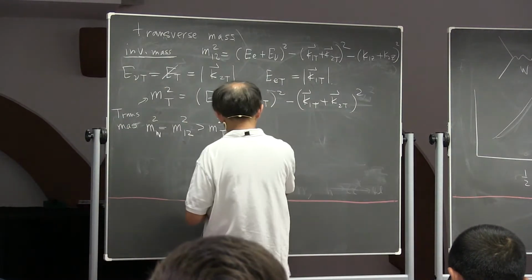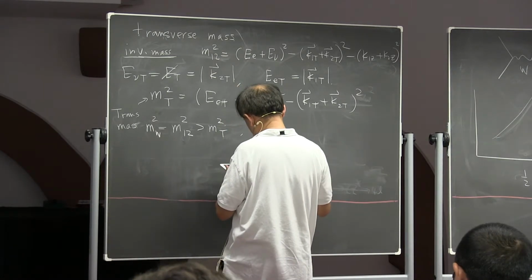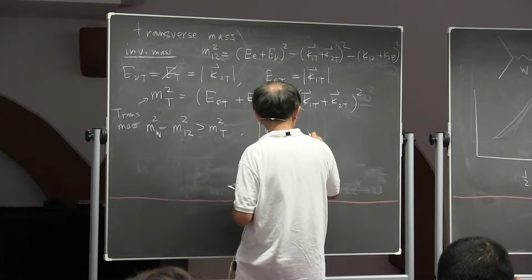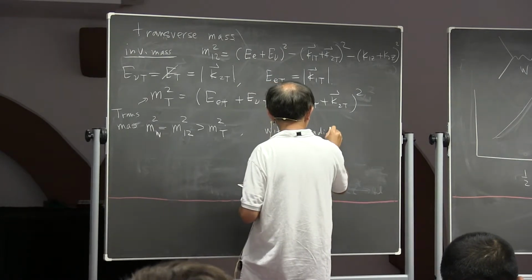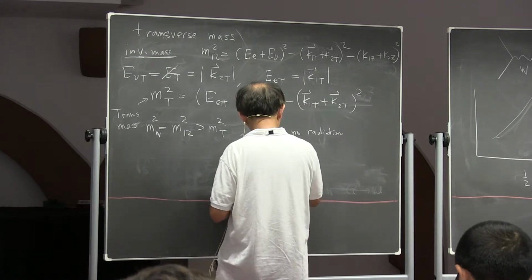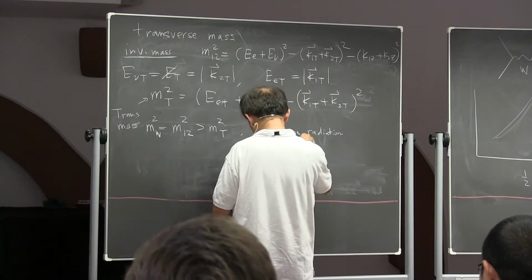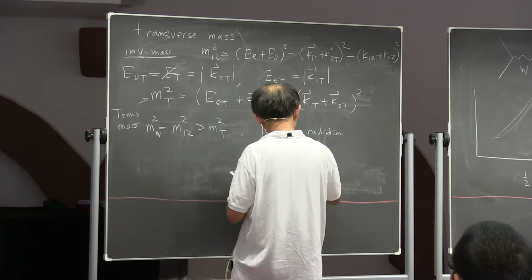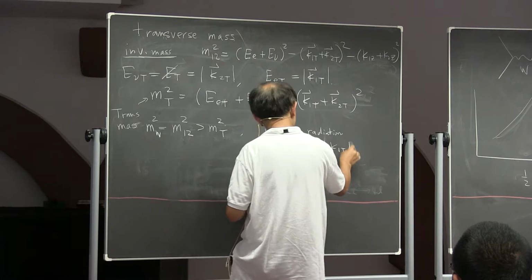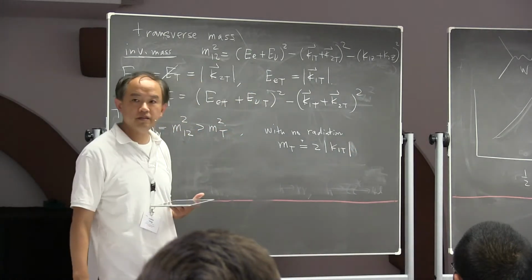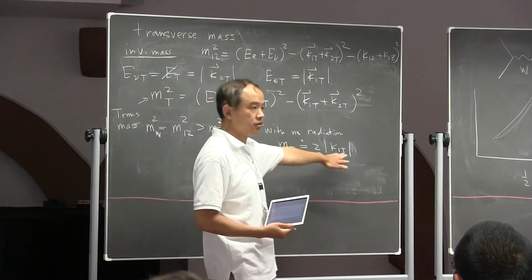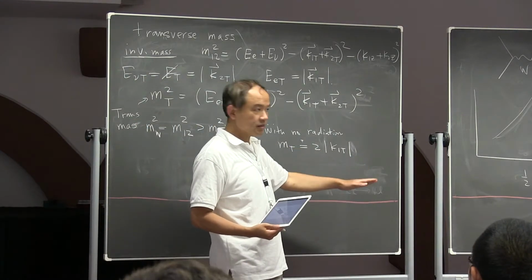Moreover, if there's no additional radiation, MT is approximately equal to 2 times K1T. If there's no additional radiation, you can show that this is true. This is going back to this case.